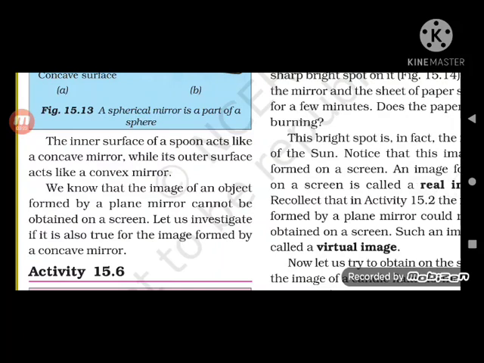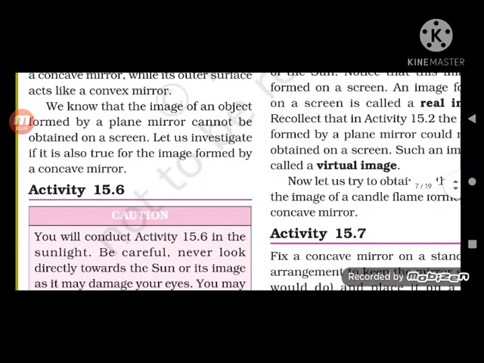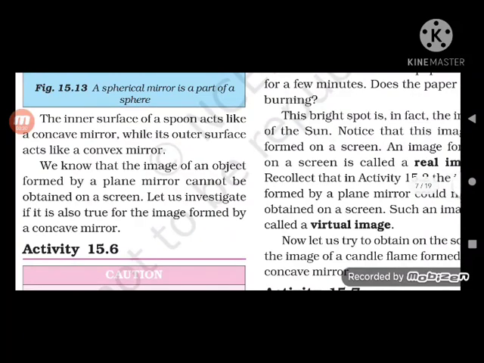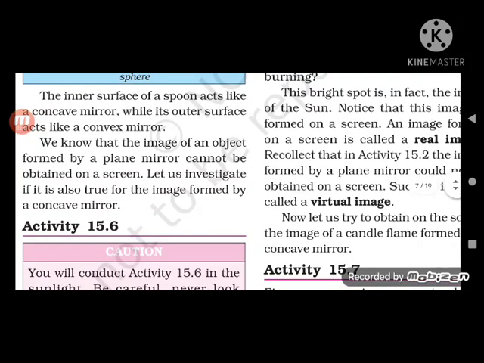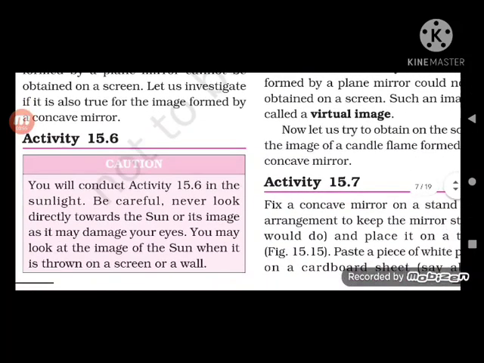Let us investigate if it is also true for the image formed by a concave mirror.